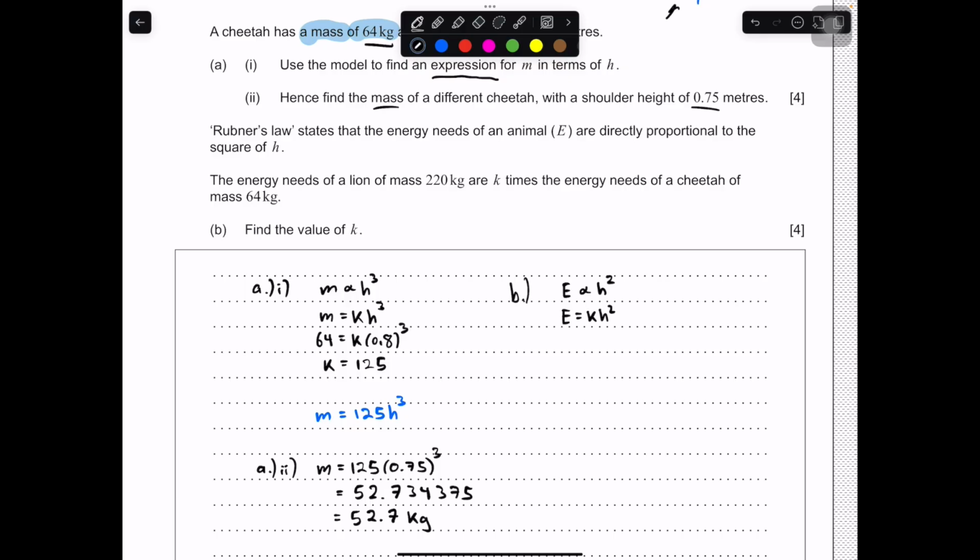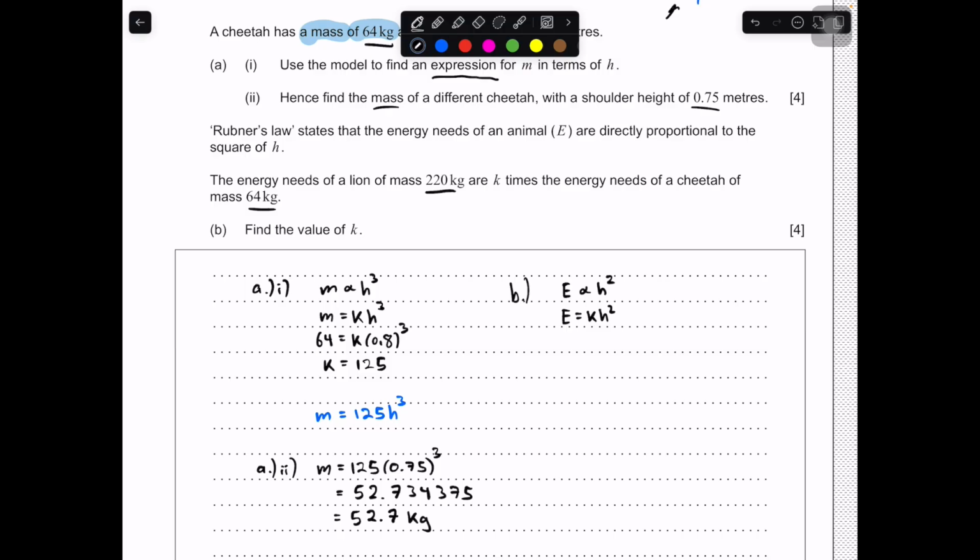So we've got some connection between the energy needs of an animal and its height. And they're asking us, if we have some 220 kilogram lion and a 64 kilogram cheetah, and we know energy needs of an animal are proportional to its height, how many times greater are the energy needs of this lion than this cheetah of 64 kilograms?